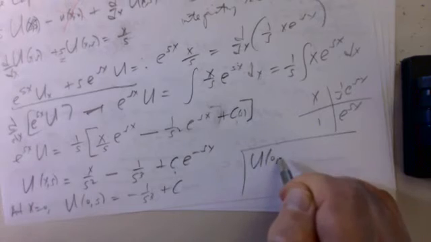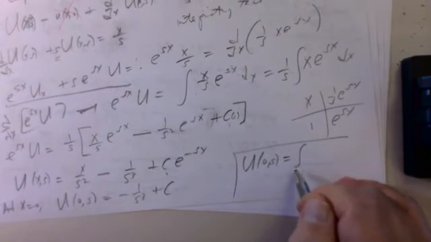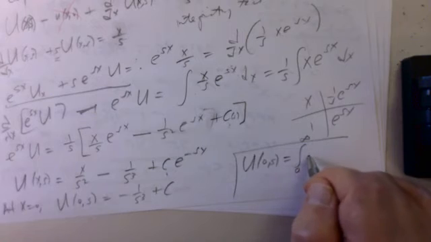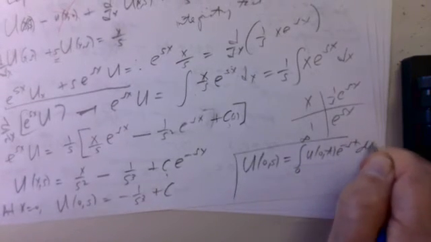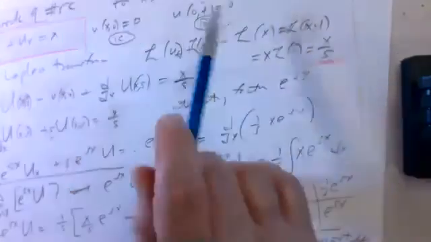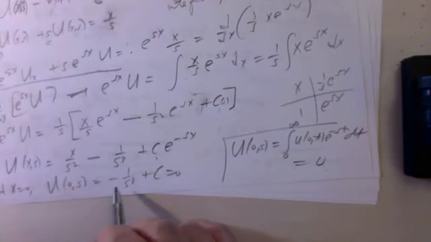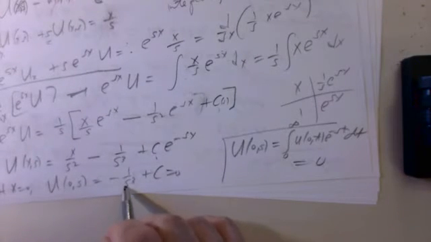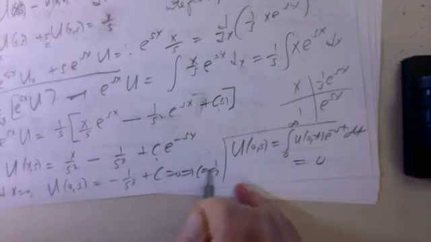This is the Laplace transform, the integral from 0 to infinity, u of 0 comma t e to the minus st dt. But by our boundary condition, u of 0, t is 0. So this is 0. So minus 1 over s cubed plus c is 0, means c is 1 over s cubed.